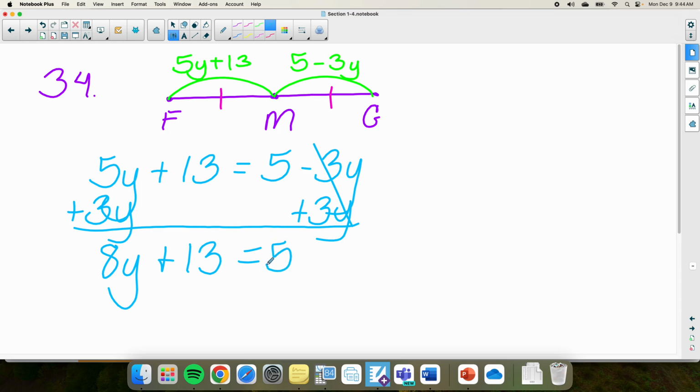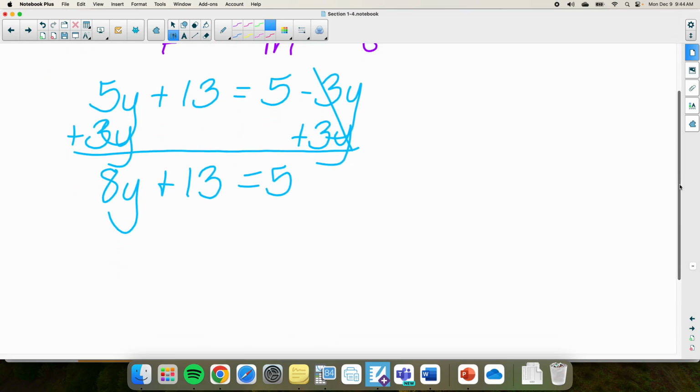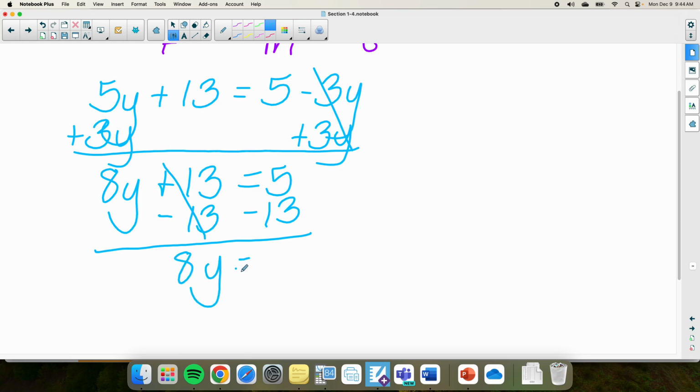And then we just keep solving that. So I'm going to subtract 13, and I get that 8y equals negative 8. Divide by 8, and y is negative 1.